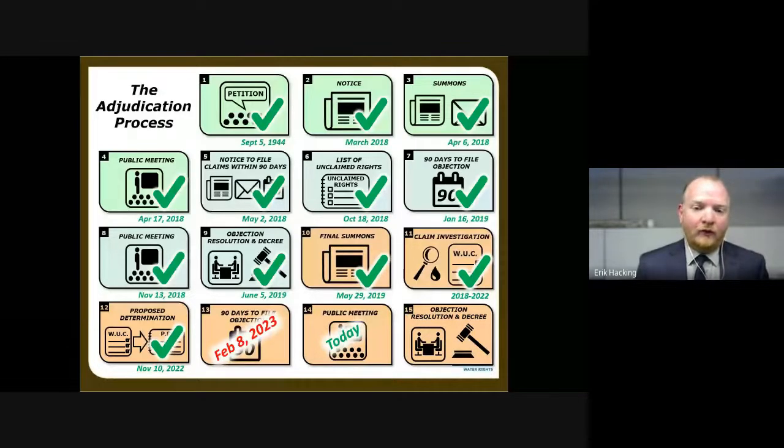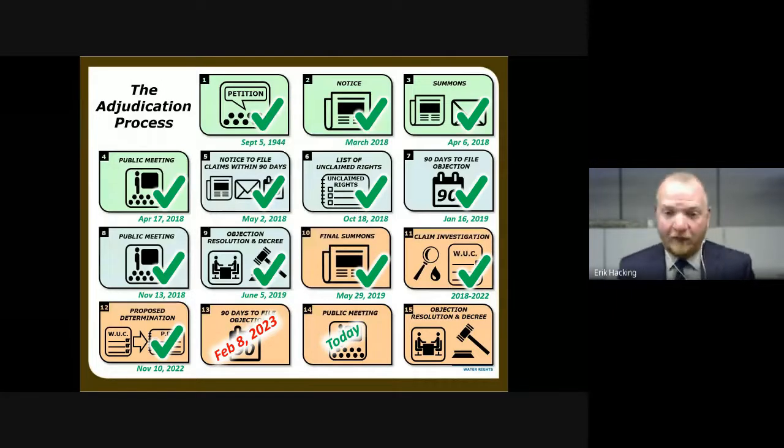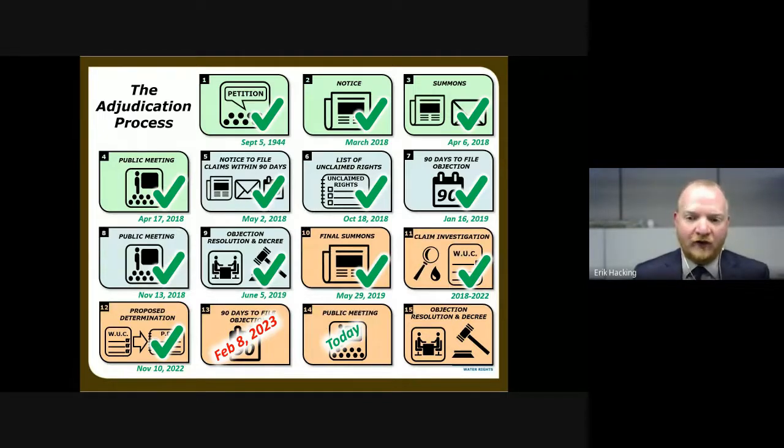During the claim filing phase, we published and sent out a notice to file claims, which stated that all water right users are required to submit a water user's claim for a water right they might be using at this time. After a 90-day period, we published what's known as a list of unclaimed rights.